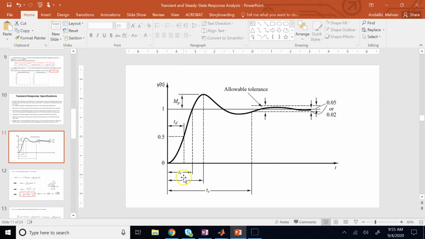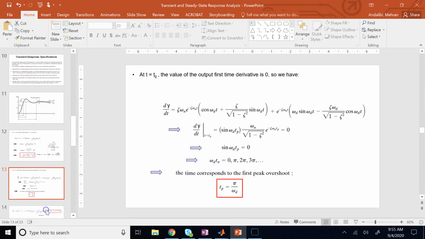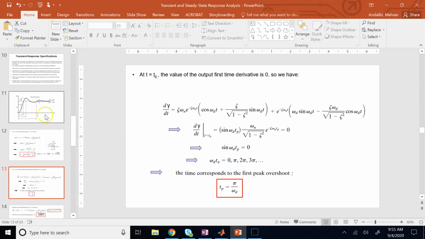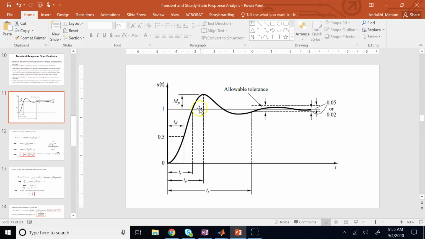So maximum overshoot and peak time, TP. How do I calculate those? Again, that's not hard. What's specific about the peak point? Well, at the peak point you have a max. And you know from your calc courses, at a max, the value of the derivative is 0.